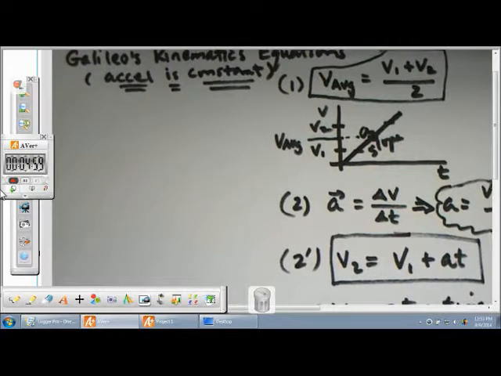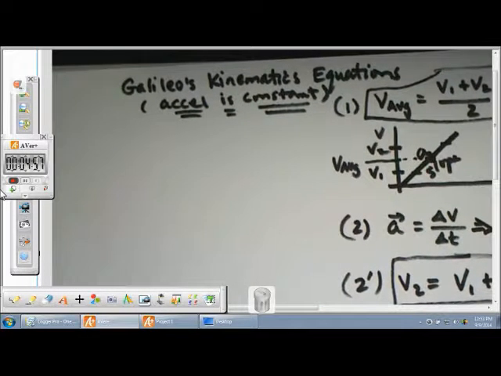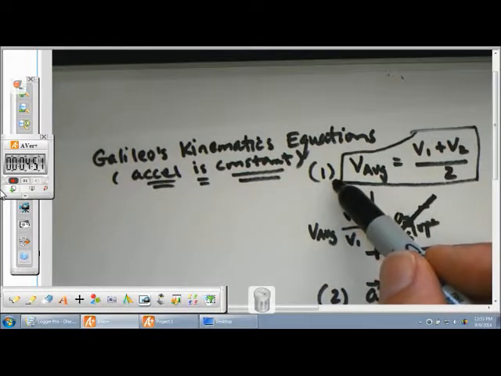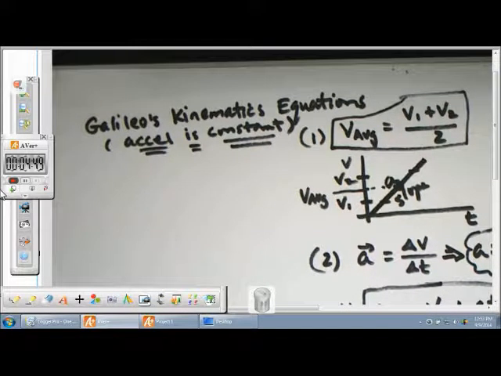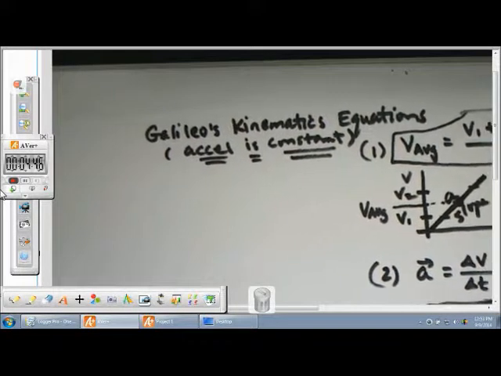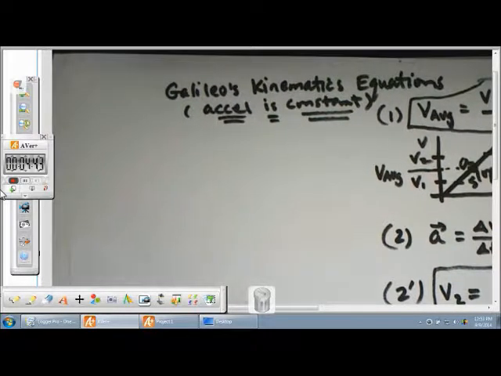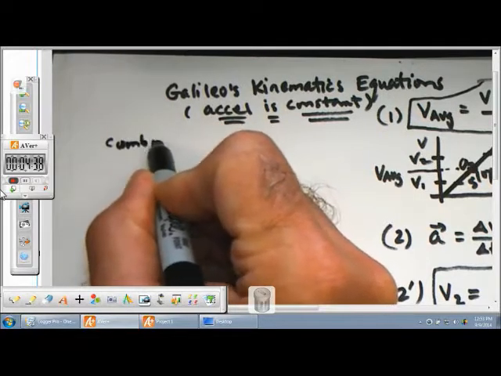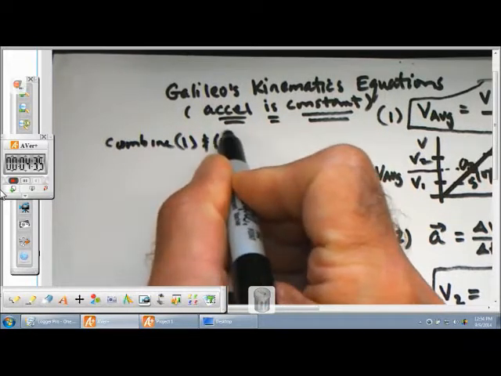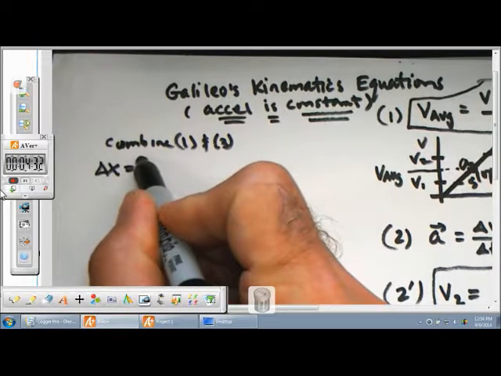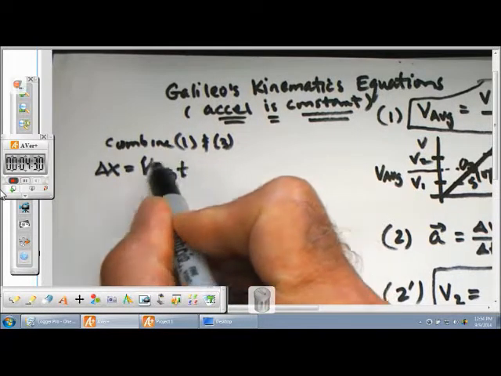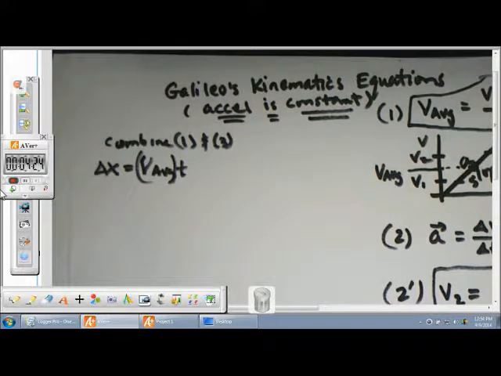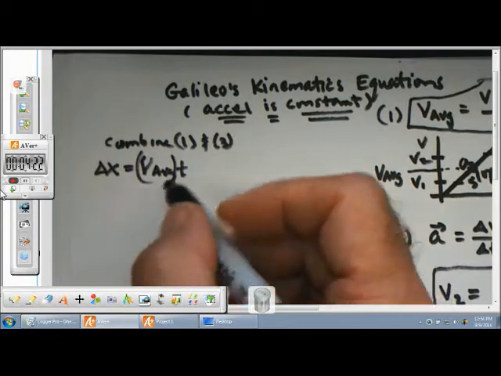Now we have some other relationships too. For example, if we combine equation 1 with equation 3 here, we see something interesting happen. So we'll get v average times t. We'll substitute for v average, we'll put in v1 plus v2 over 2 there.